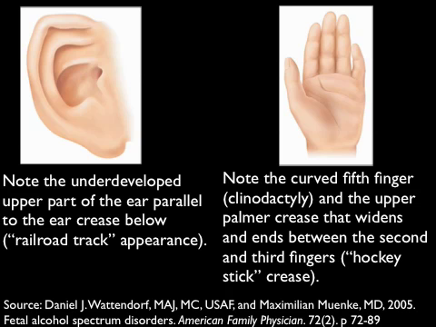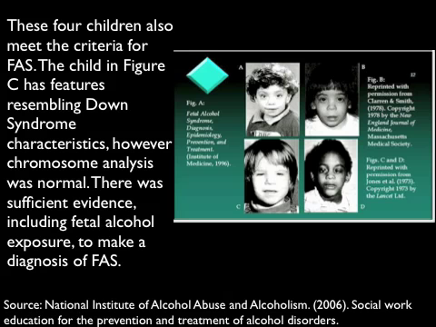In this one, they talk about that the child in C actually has features resembling Down syndrome, and they thought that the child in C was a Down syndrome child until they did a chromosome analysis, and what they found is it wasn't, and that this child actually had fetal alcohol. So this is really important, because you may actually be working with kids that have the wrong diagnosis, right?